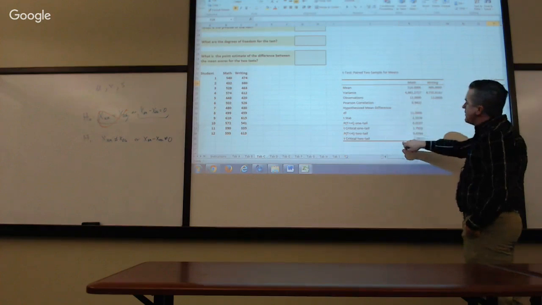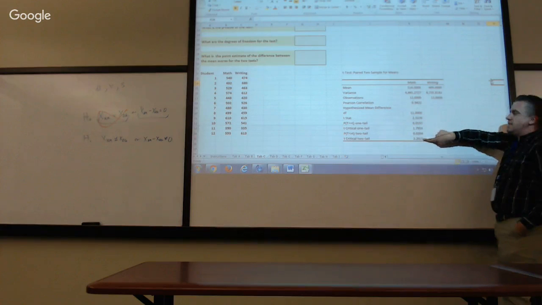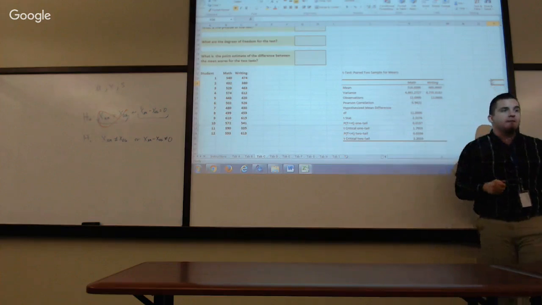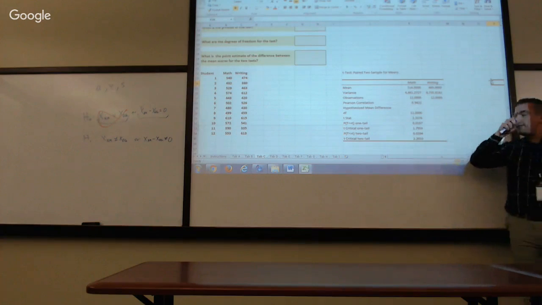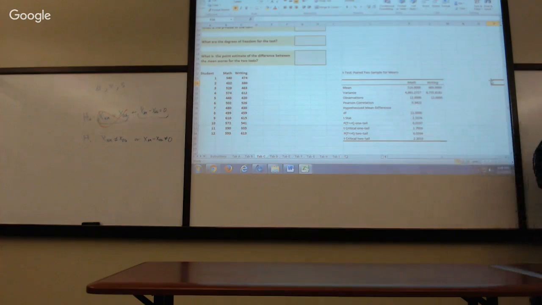What we're most concerned with, though, is our t statistic, our t critical value, and our p value. Our alpha value is 0.05 and our p value is 0.039. 0.039 is less than our alpha value. So if our p value is less than our alpha value, we're going to reject the null hypothesis.